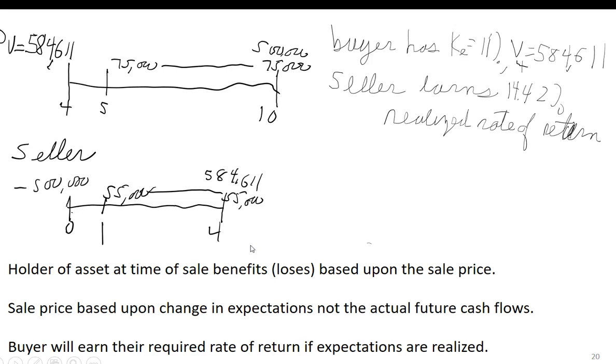So we can see that the buyer sees $75,000 a year for years 5 through 10, for those 6 years. Still going to receive $500,000 at the end of the 5th year.